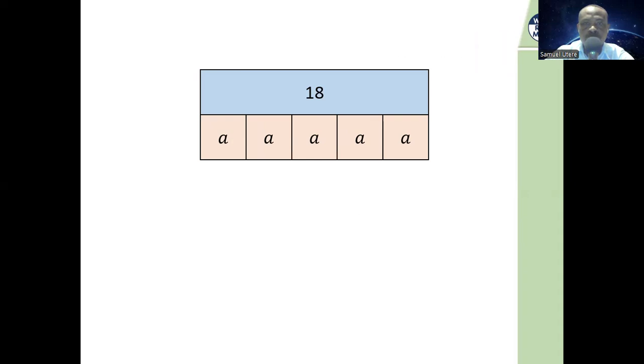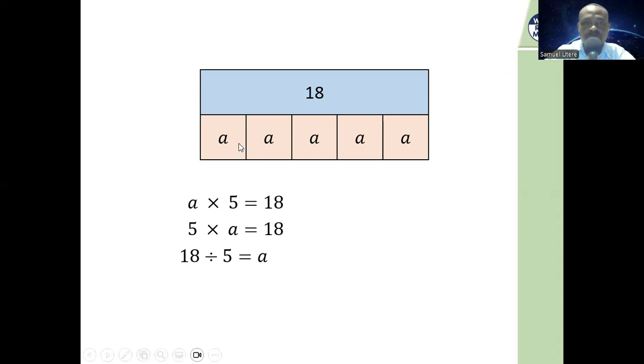So here is what we could get. 5 lots of A is the same thing as A times 5 or 5 times A. And remember, in algebra, we can simply write it as 5A equal to 18. We can also say 18 divided by 5 is equal to A.